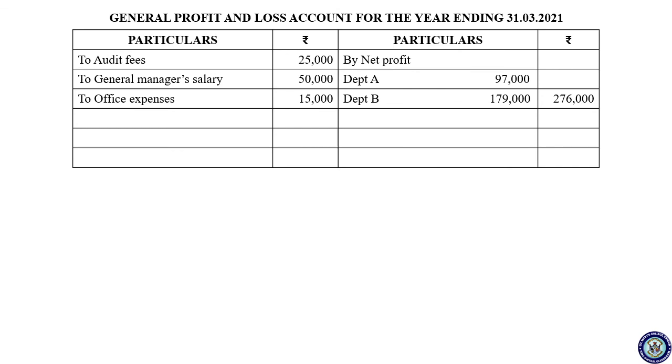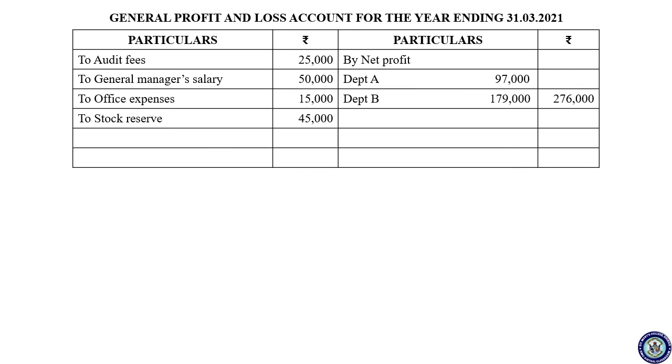Then it is to office expenses. So before we write the final profit, you have to transfer the stock reserve, the loading price which is there in the closing stock of department B. So closing stock we record on the credit side. So stock reserve on closing stock is to be on the debit side. To stock reserve, if you want, you can write in the bracket on closing stock.